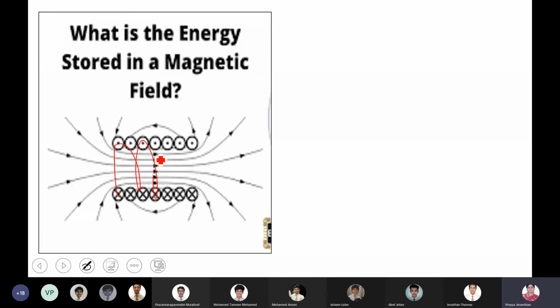Now look at this. Let us explain, and then we'll go for what will be the energy stored. Now what we have seen, when the current passing through the coil, whether it is increasing or decreasing, then what happens? The magnetic field set along the coil will change.